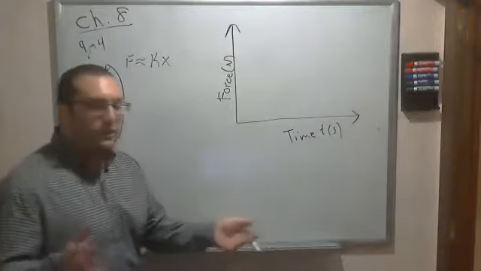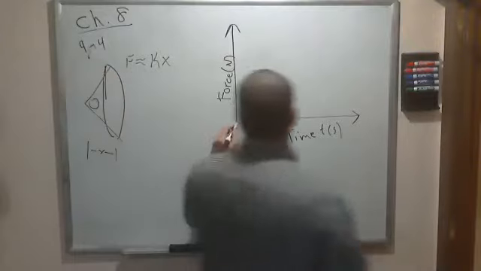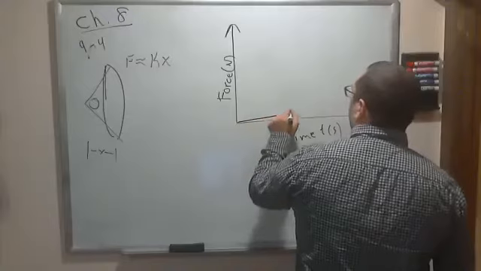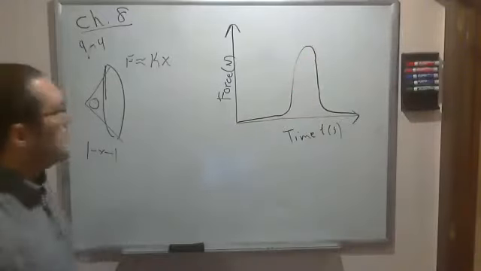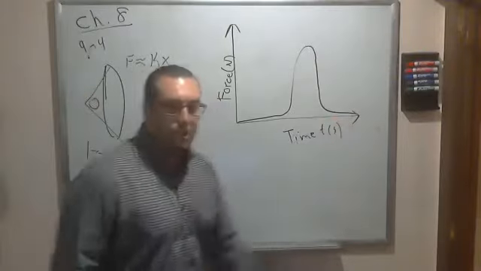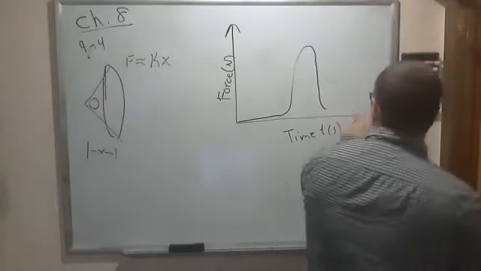We start studying the system before the collision, then the collision happens, the force is applied, and after the collision there's no more force. This would be zero.